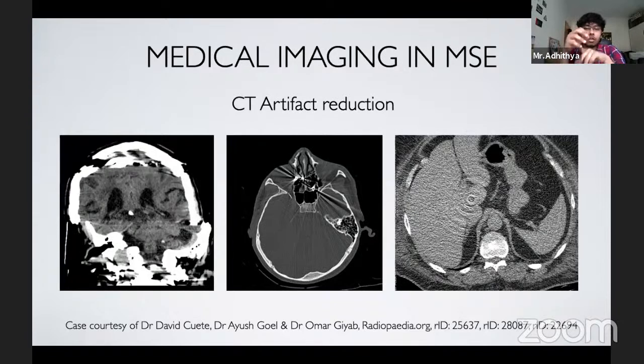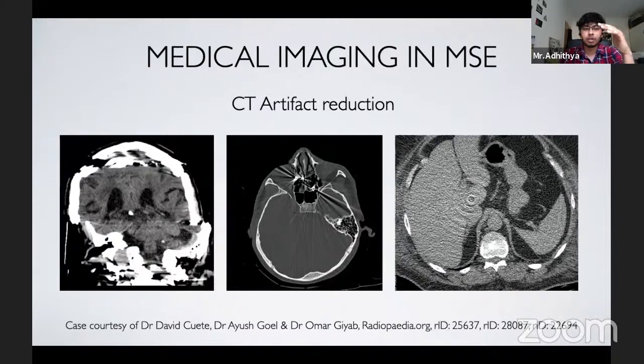Because of that, a spoke artifact could also occur. And the image on the right side is a ring artifact. These also occur because of geometric problems and various other outside effects. These artifacts do not occur frequently, but they occur most of the time.